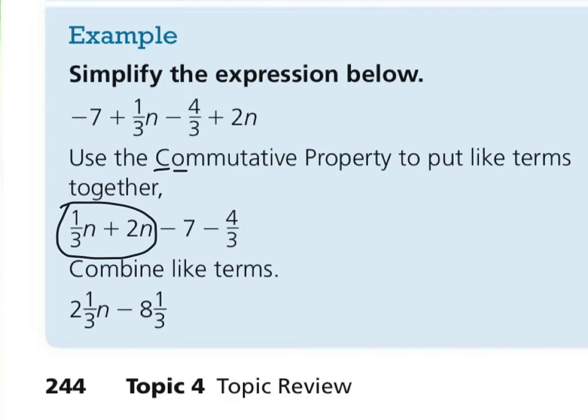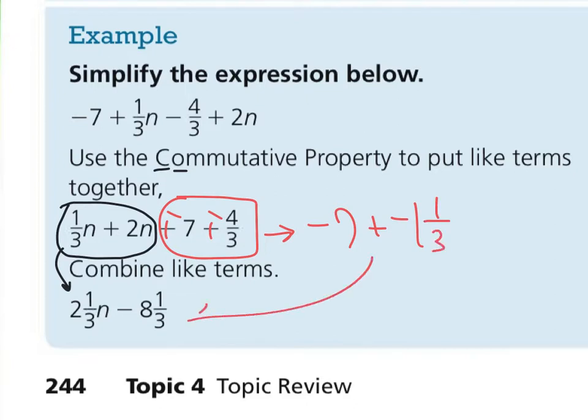So 1/3 n plus 2n would be 2 1/3 n. With the constants, you can add the opposite on these if you want. This is like -7 plus -4/3, or -7 plus -1 1/3. And so that would be -8 1/3.